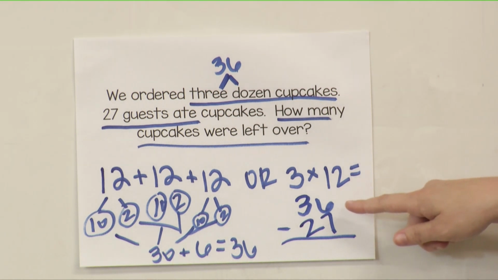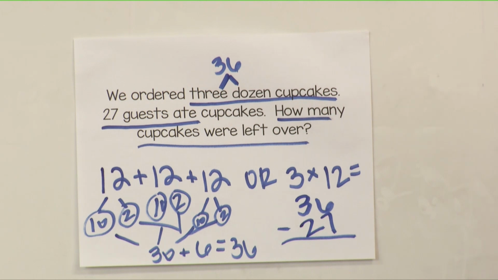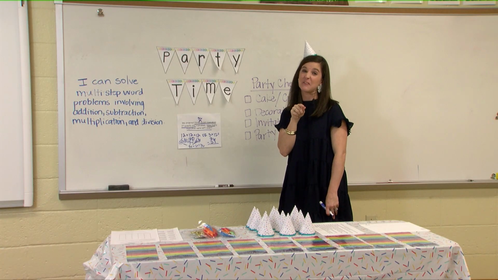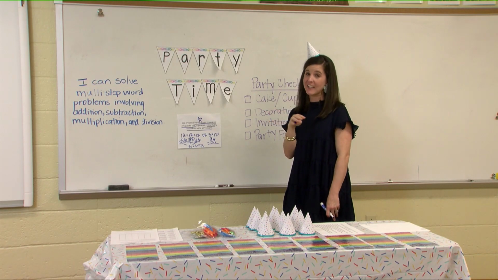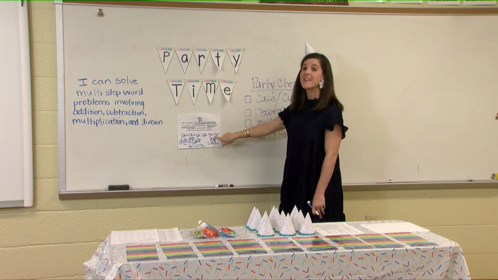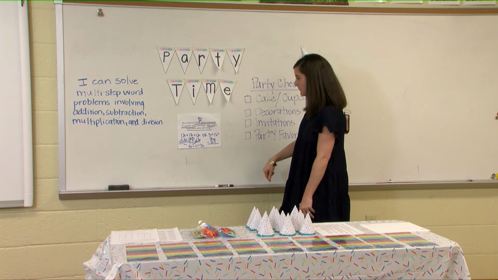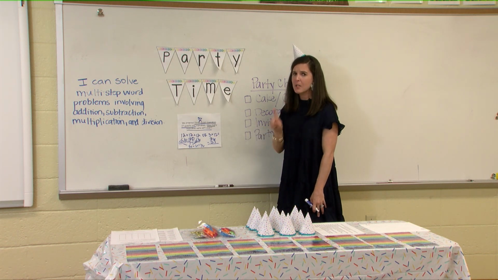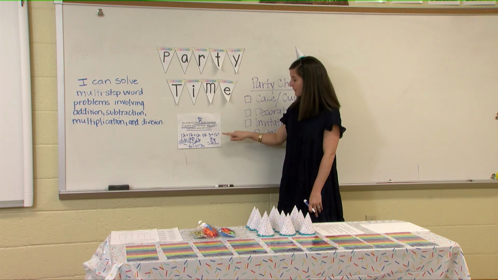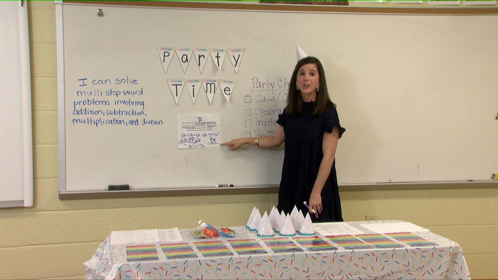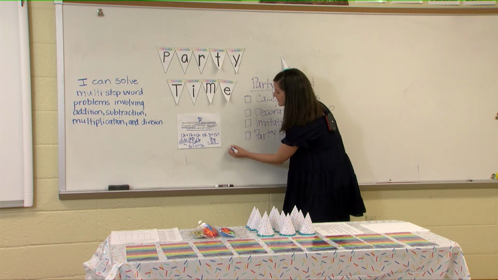Okay? Well, if I have 6 ones and I want to take 7 ones from that, can I do that? That's going to give me a negative number, and I am not doing negative numbers in 3rd grade, and I'm certainly not going to have a negative number in the middle of the ones place, okay? Because we know that this whole number would never be negative because 36 is greater than 27. So I can subtract them.